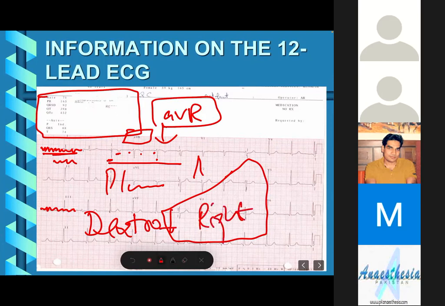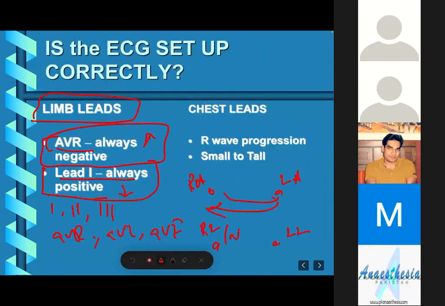So we could find AVR having positive deflections, because AVR is interpreting from the right side, and the leads also show positive deflection. This is the check on limb lead placement.